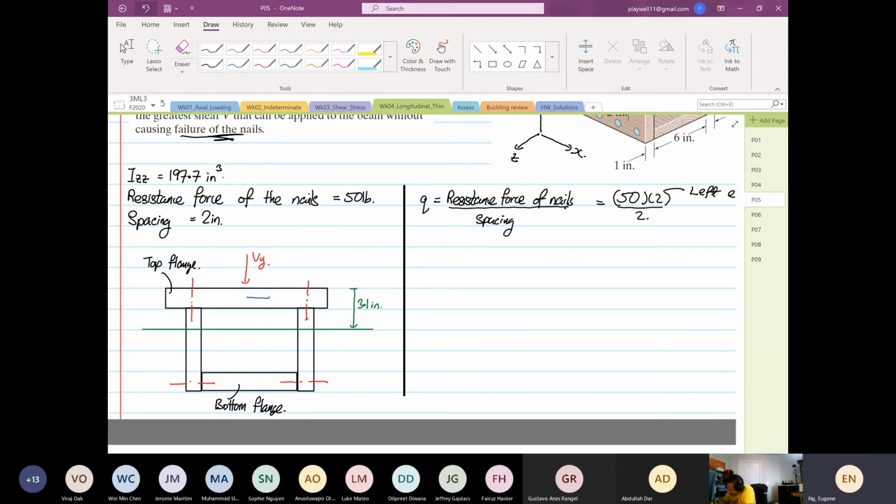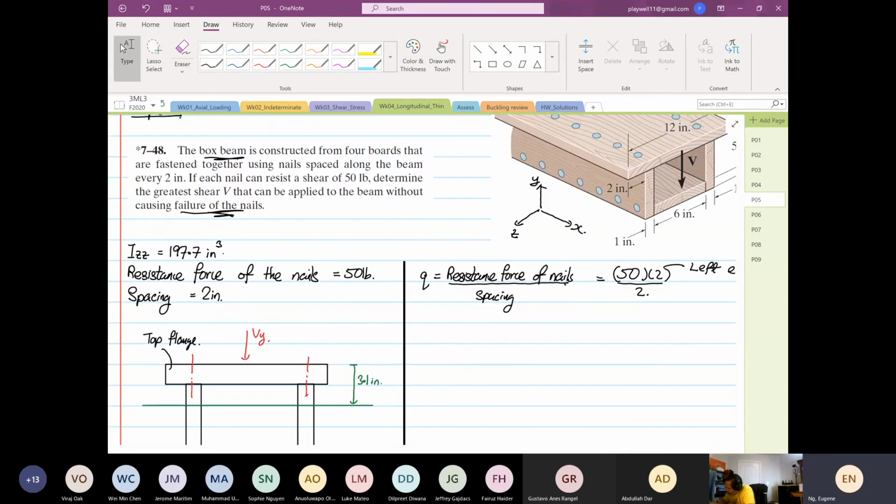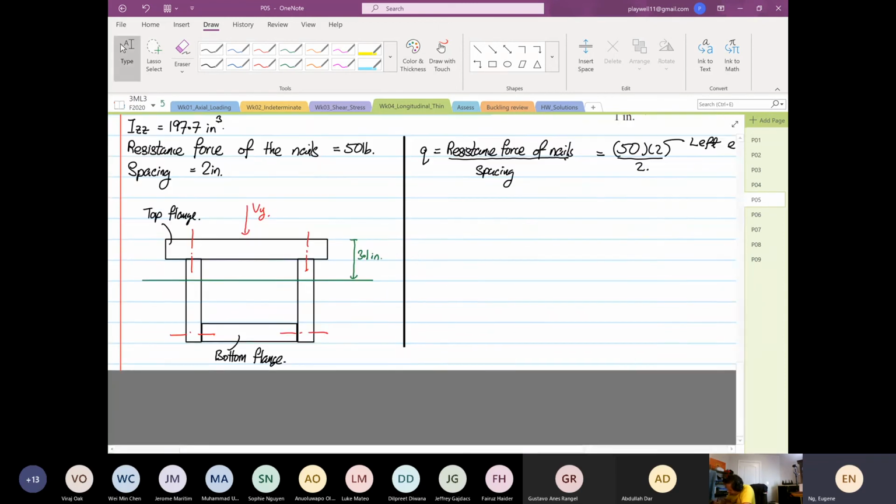Shear flow always uses ping. So it is declared that this beam is a box beam, so we have to use box beam analysis. Later on, I'll teach you how to identify whether it's a box beam or otherwise. So based on the ping, you see this is how the shear flow will flow.